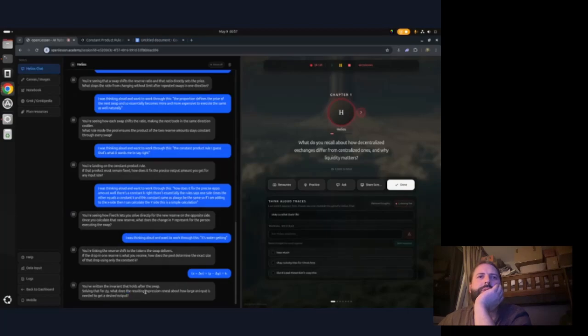Okay, so what does the resulting expression reveal about how large an input is needed to get a desired output? It's the price, right? Essentially the delta is what you are getting.